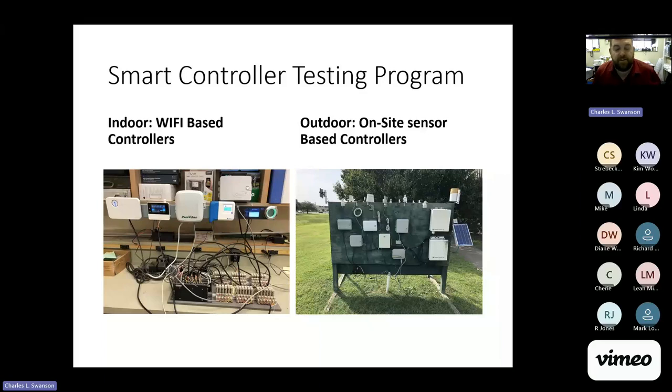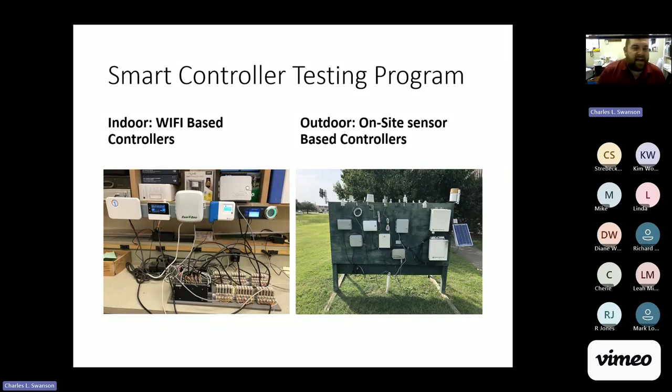When we first started this testing program, most of the manufacturers' smart controllers had a weather sensor attached to them that measured the climate conditions there at the property and then fed that back to the controller to make its decisions on how much and when to irrigate. And that's what we see over here on this right photo. There we see the outdoor controllers, and they all have their mini weather stations attached to them, collecting data and calculating irrigation schedules.